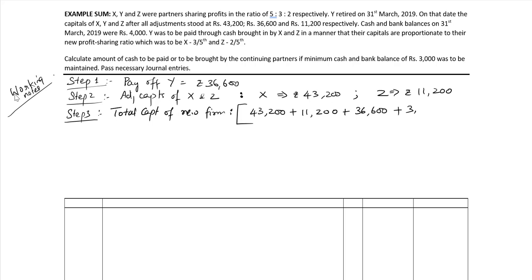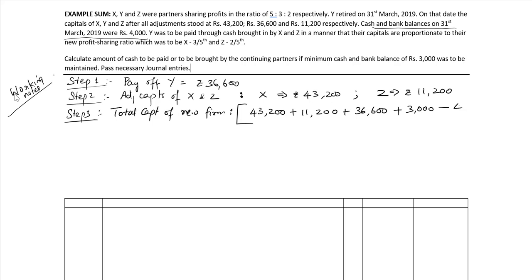So the minimum desired bank balance is rupees 3,000. And from this, we will subtract the existing bank balance on 31st March 2019, which is the date of Y's retirement. It says here cash and bank balances on 31st March 2019 was rupees 4,000.